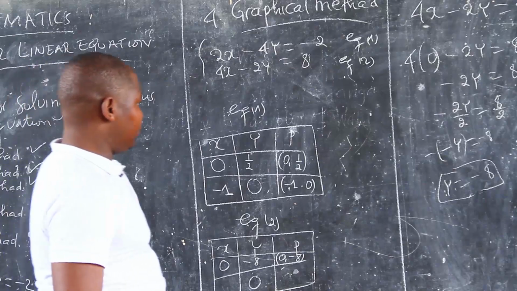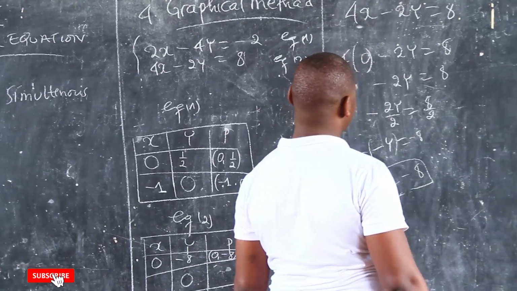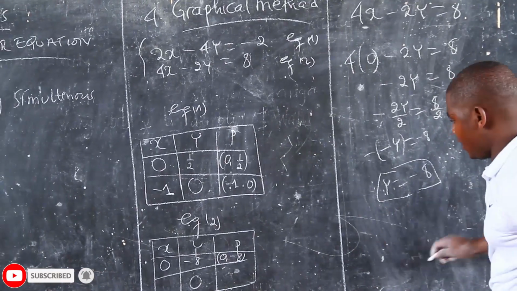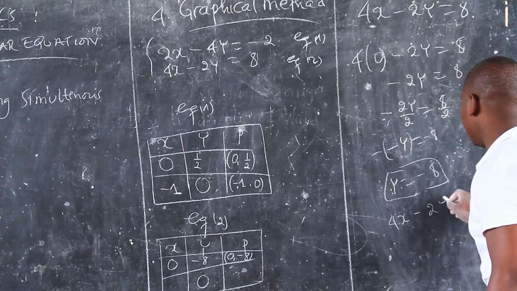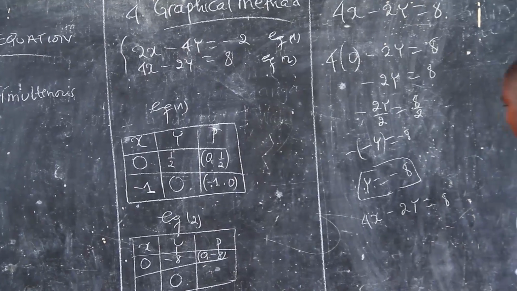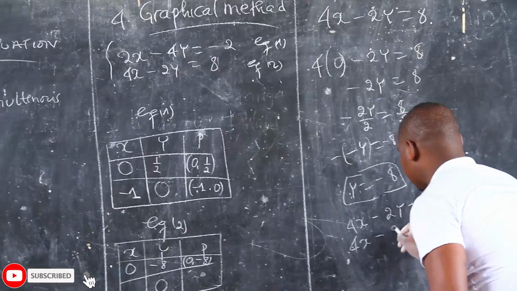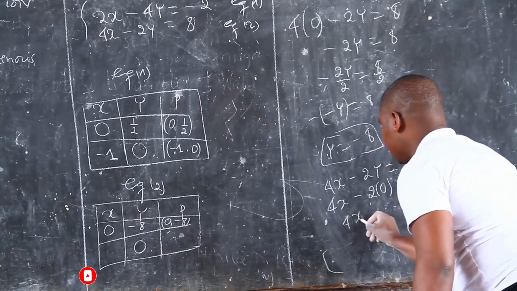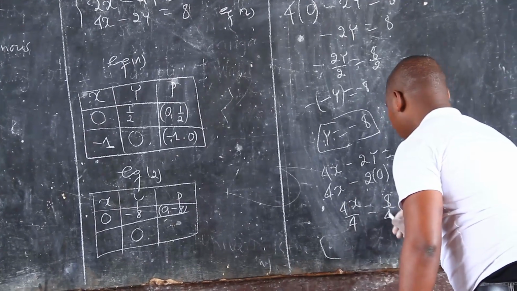We're back at equation 2. If I have 4x minus 2y equal to 8, what can I find? I have 4x minus 2 times 0 equal to 8. 4x over 4 will be equal to 8 over 4.